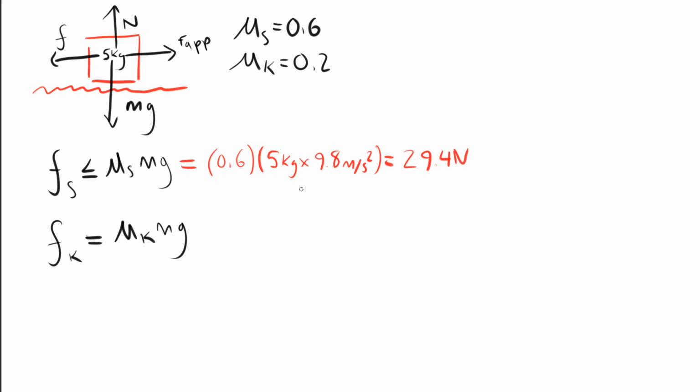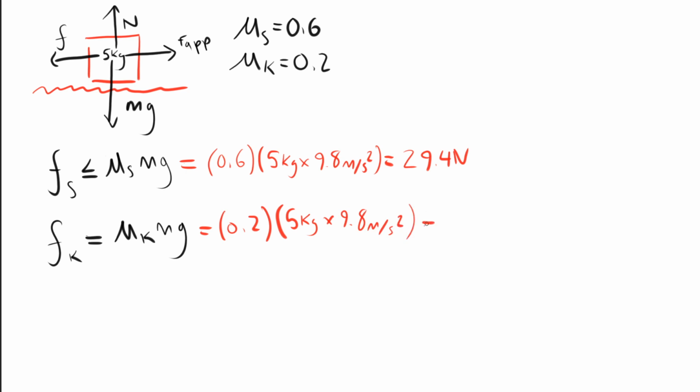If I do that same math down here, this is going to be instead 0.2. Mu sub K is 0.2. So this is going to be 0.2 times 5 kilograms times 9.8 meters per second squared.